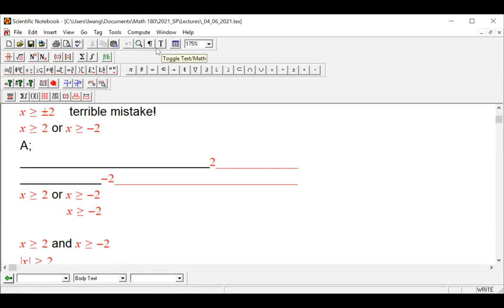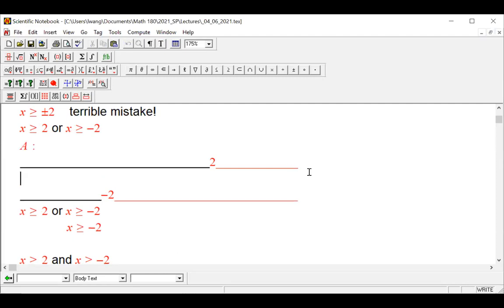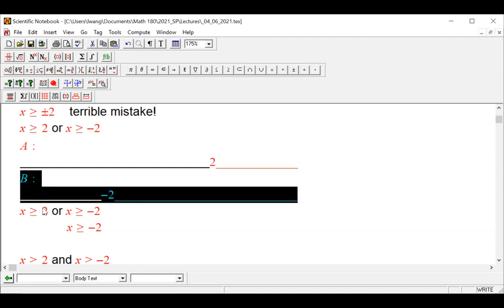This is your A, okay? And this is your B. A is in red. And this is your B, greater than or equal to -2, right here.